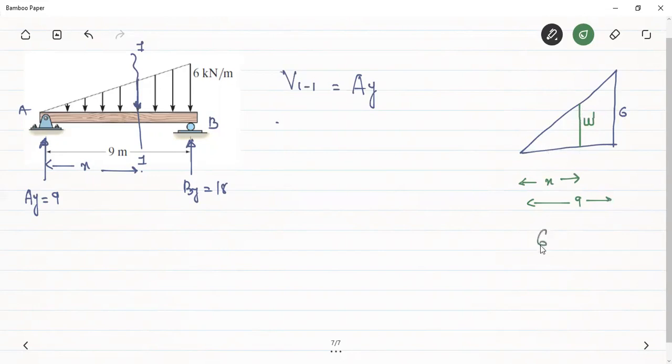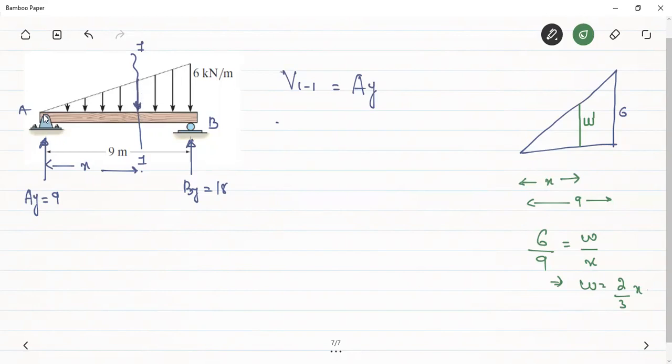Therefore, 6 by 9 will be equal to omega by x, which implies that omega will be equal to 2 by 3 x. So this is the loading intensity at this section.